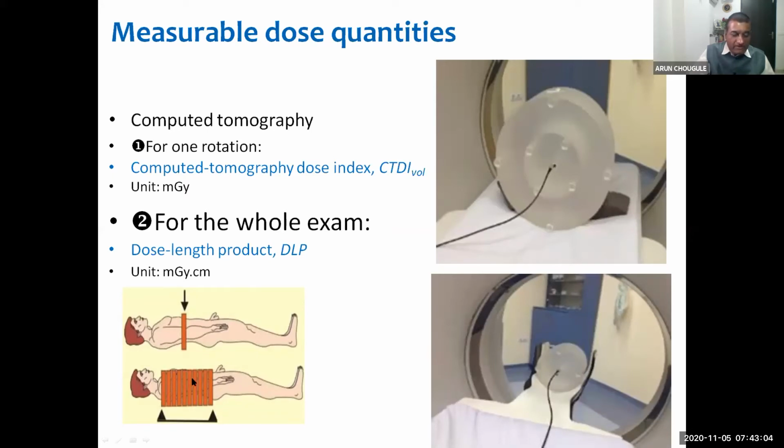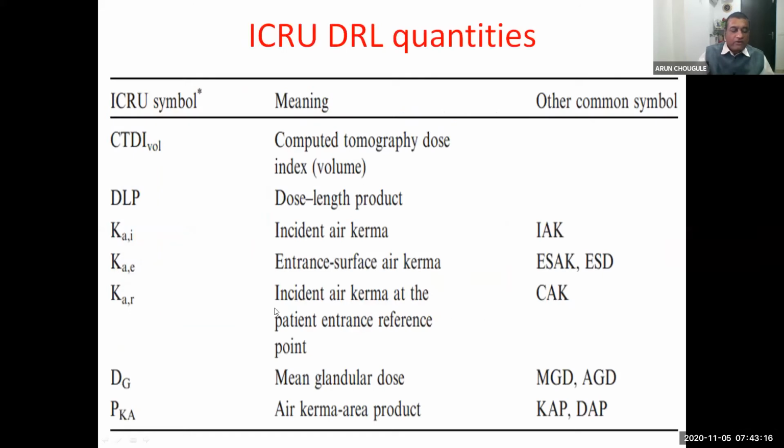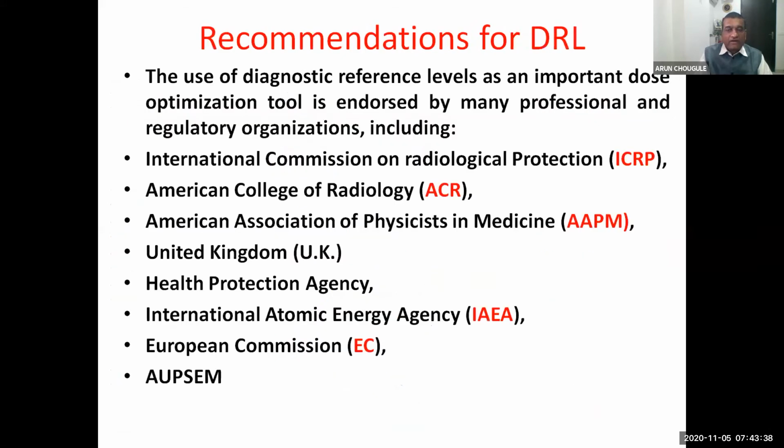So this will be DLP, dose length product, and this will be just the CTDI volume. For mammography, mean glandular dose you can measure with the dosimeter. So ICRU DRL quantities are CTDI volume, computed tomography dose index volume, DLP for dose length product, incident air kerma, mean glandular dose for the breast, and so many quantities you entail with different kinds of investigation.